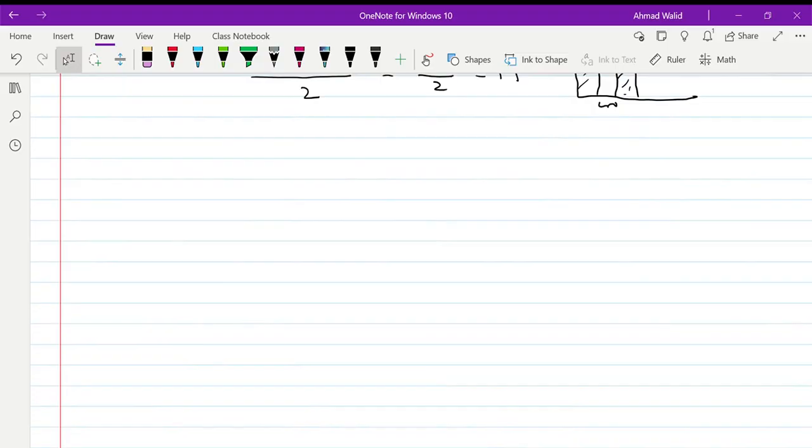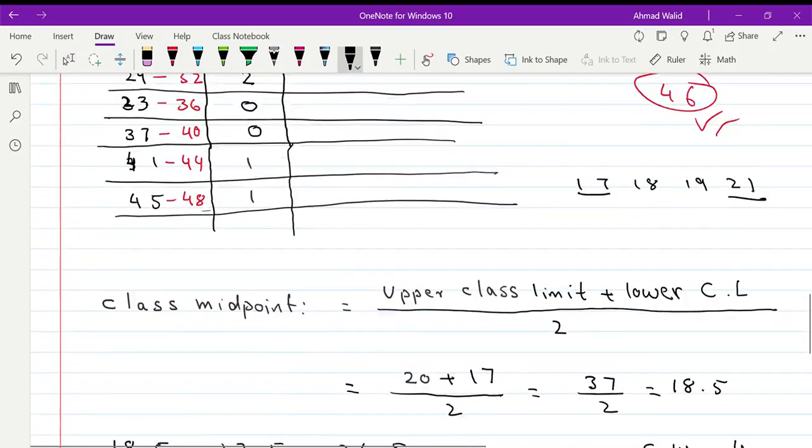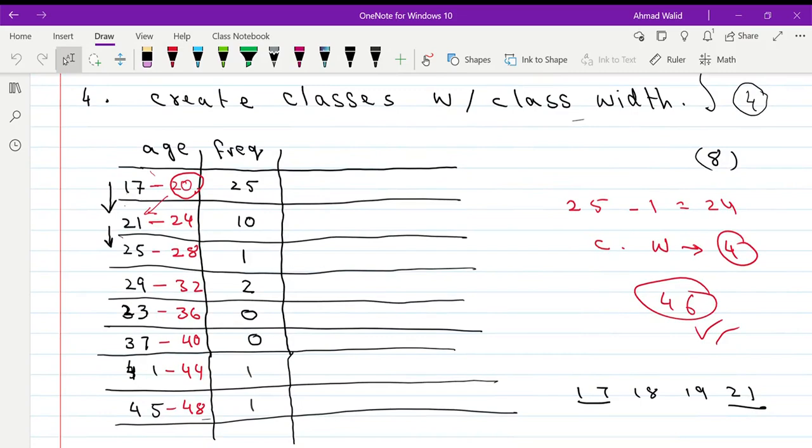We learned how to create a frequency distribution table. Now, sometimes when you take such data to your boss, he says, okay, 25 students between 17 and 20, between 21 and 24, 10 students, between 25 and 28, 1 student. I don't understand this.